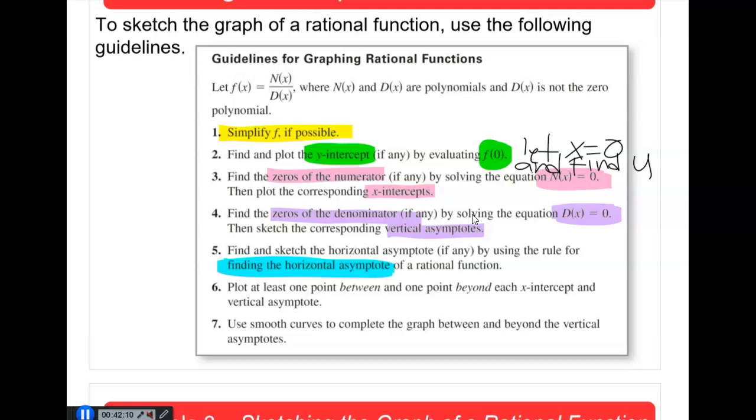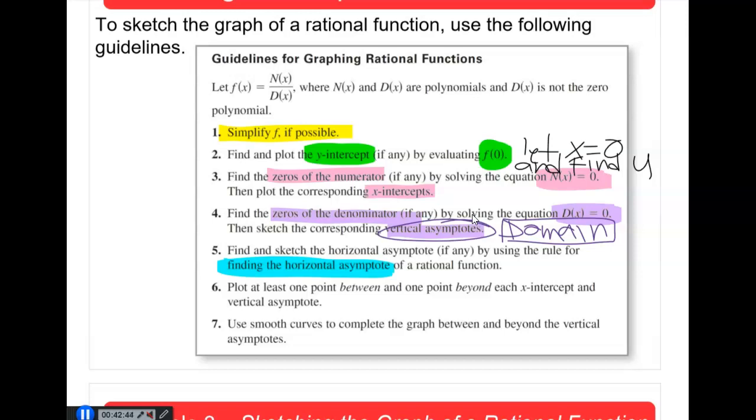And then also finding the vertical asymptote tells you what the domain is. So that is also pretty useful. But remember, for the domain you exclude the numbers that you find for the vertical asymptotes. Then you start plotting your points: one point between and one point beyond the x-intercepts.